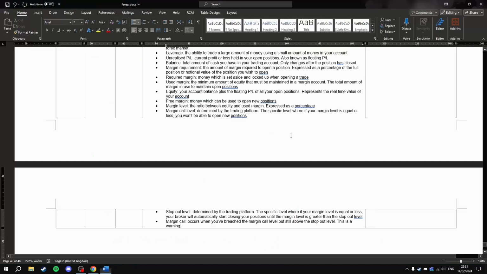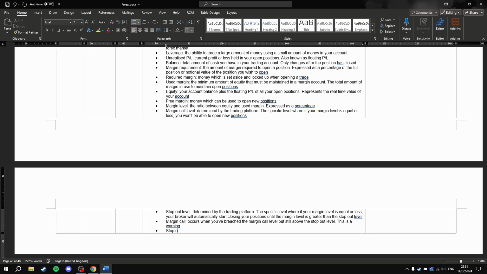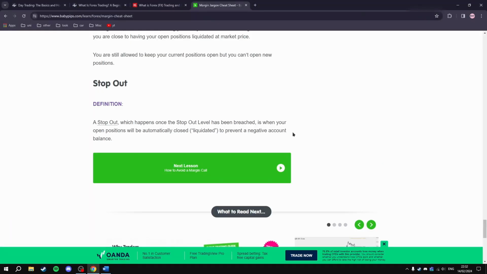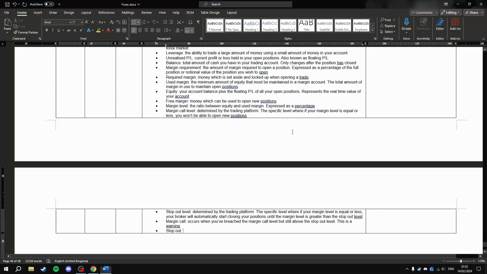Stop out. Which happens once the stop out level has been reached. Occurs when you've breached the stop out level.